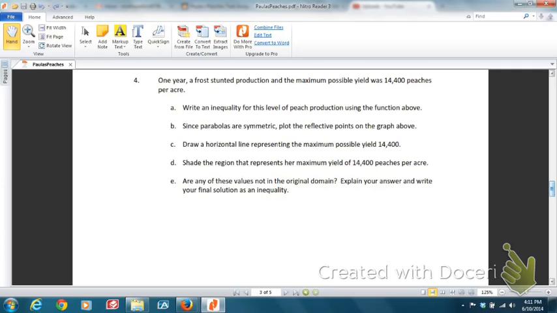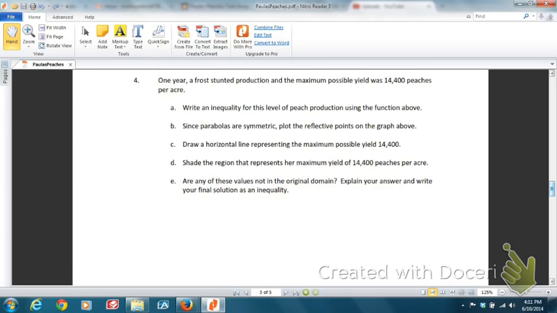Explain your answer and write your final solution as an inequality. So again, you have to compare the original domain that you had in number 1 to the domain that you will get in number 4 and see if any of those numbers are in the new domain. And then you write your final solution as an inequality. So again, you have to think about that.